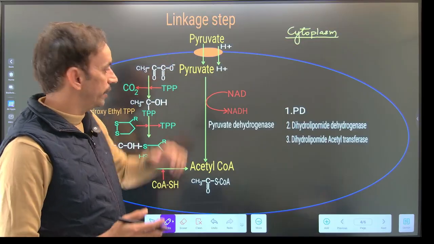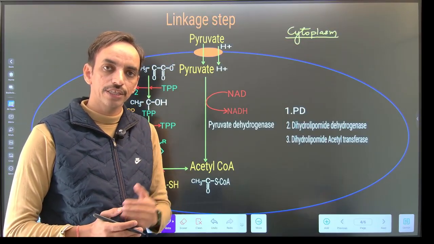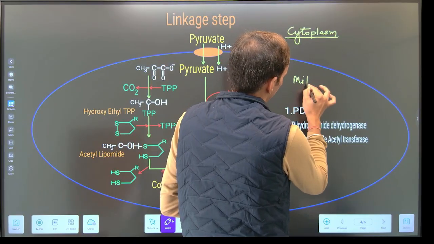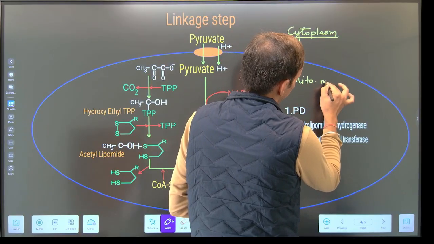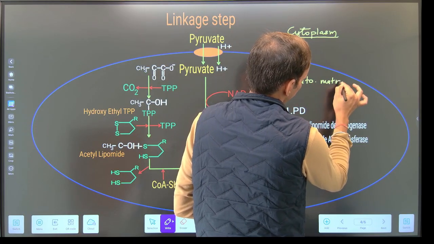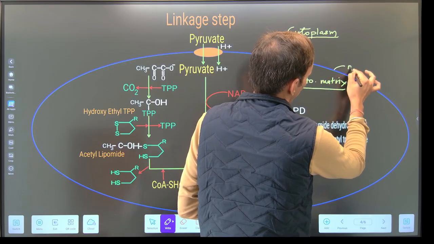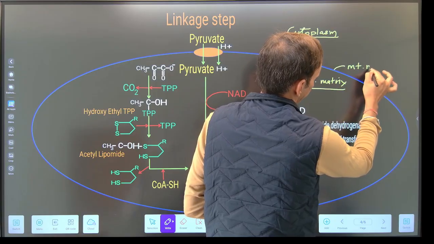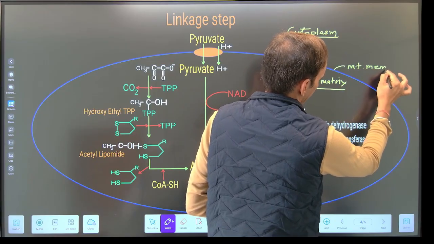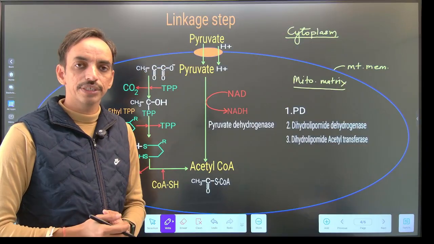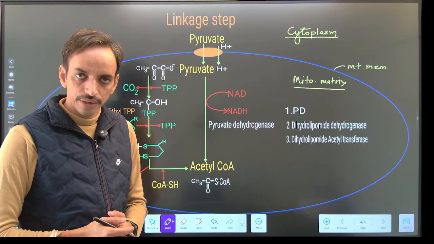To transport this pyruvate from the cytoplasm to the mitochondrial matrix, this is representing the mitochondrial matrix, and this blue line is representing the mitochondrial inner membrane. So we have to transport this pyruvate into the mitochondrial matrix.